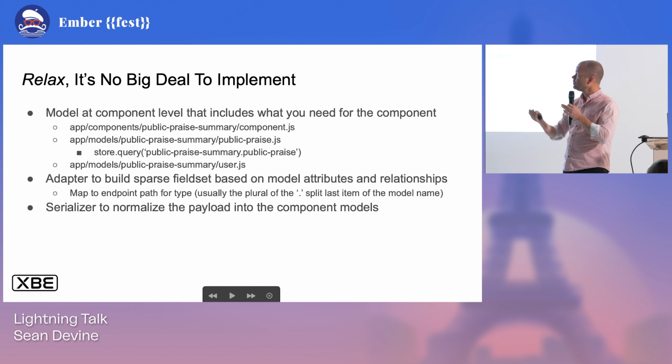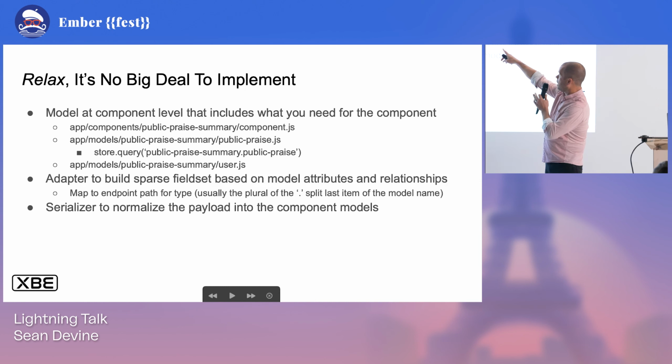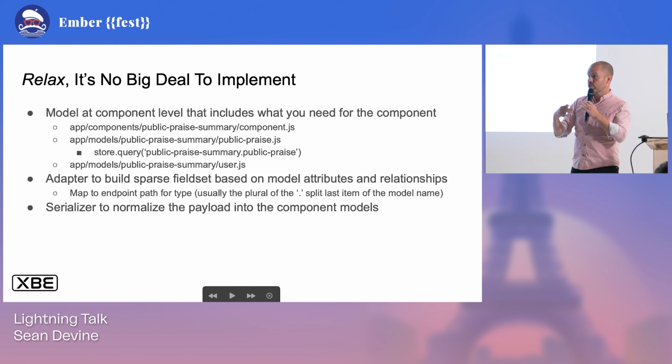That's in the adapter, and then we need to map the endpoint path for the type. In this case it's public-praise.public-praise-summary, and we have to map to public-praises, or whatever the path is on the server.